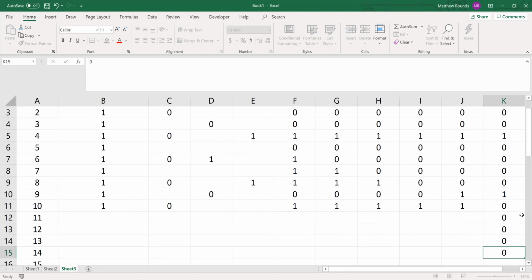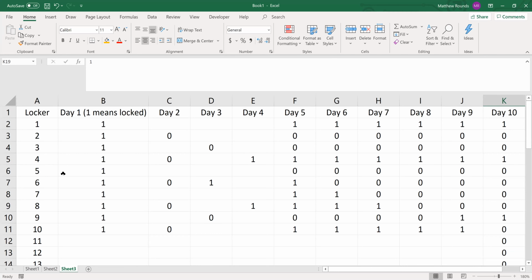And then we put a 1 here. This is where we have to go through and do this. That's locker 18. So it was locker 1, 4, 9, 18. So you might see some pattern to this.